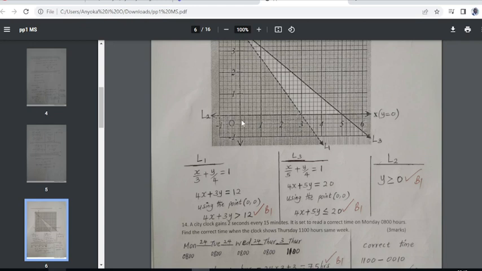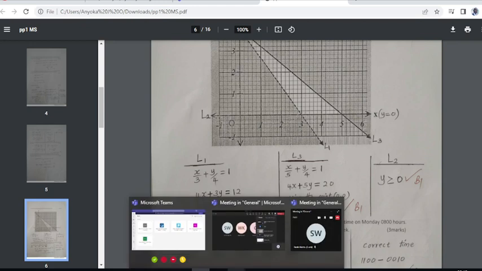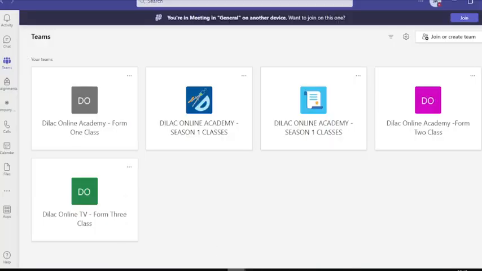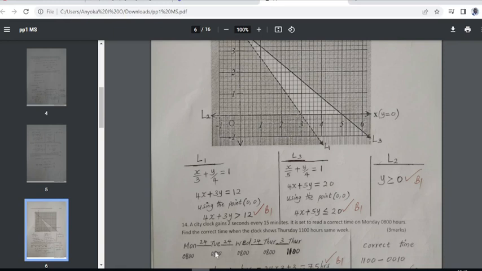But if you check very well, you'll see that this 0 is in the unwanted region, because our region is the one bordered by the 3 lines.